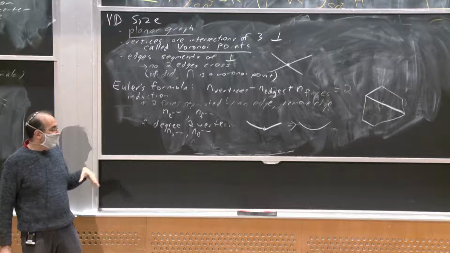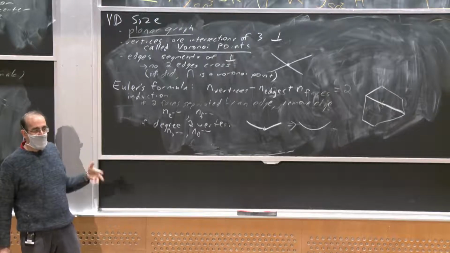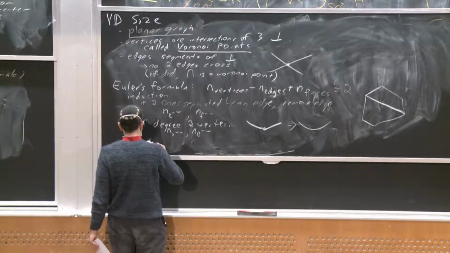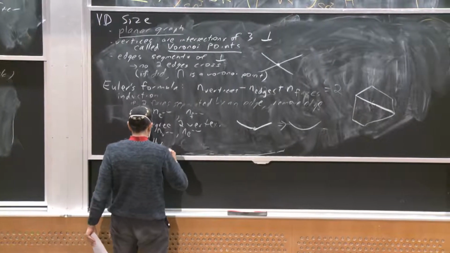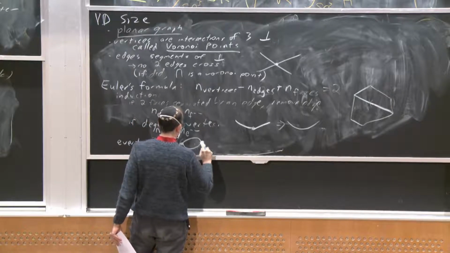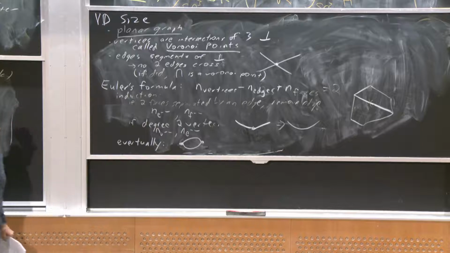Okay? And the number of edges keeps dropping. Eventually, we only have 2 edges, which means we're going to have to look like this. That's the only planar graph with 2 edges. Okay.